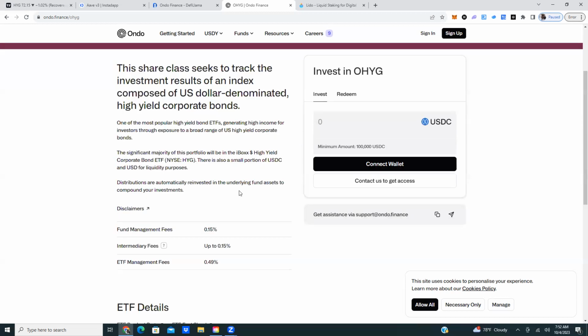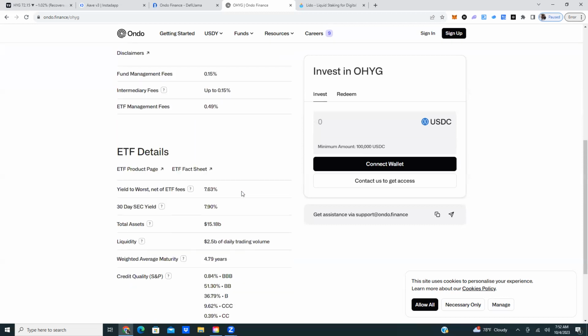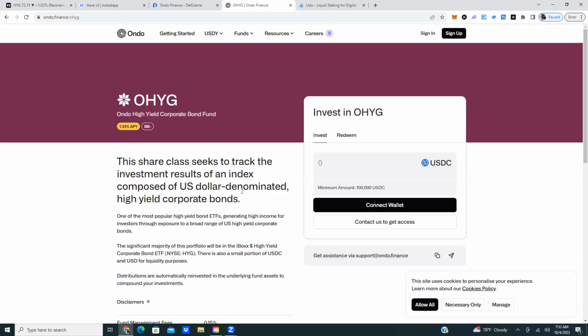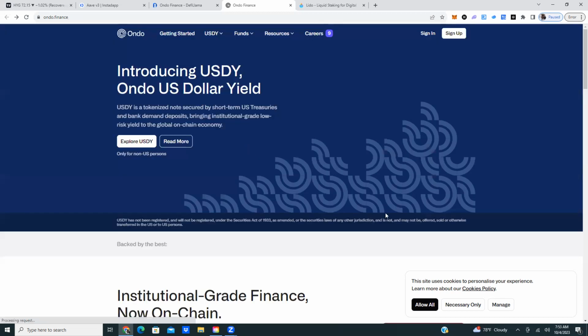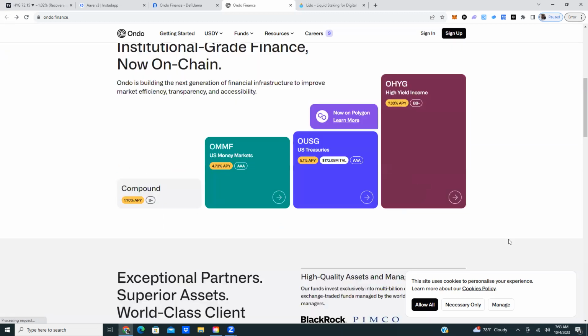But if this was me, I would need to see if I can short this. If I could short this, this would be something that would be very interesting to me. Very interesting, if I can short that ETF. Let me see if they have anything that is shorting an ETF.